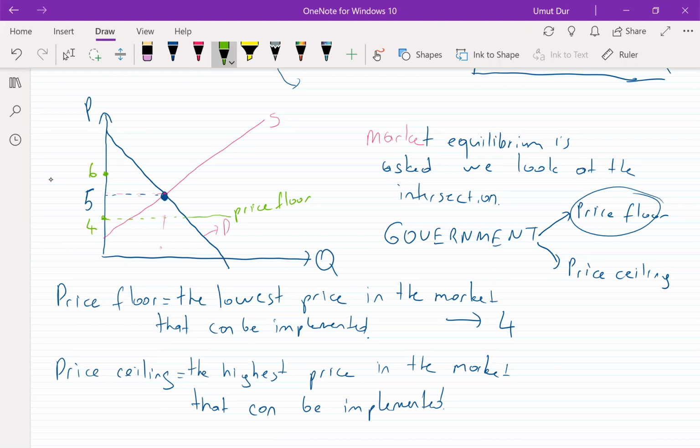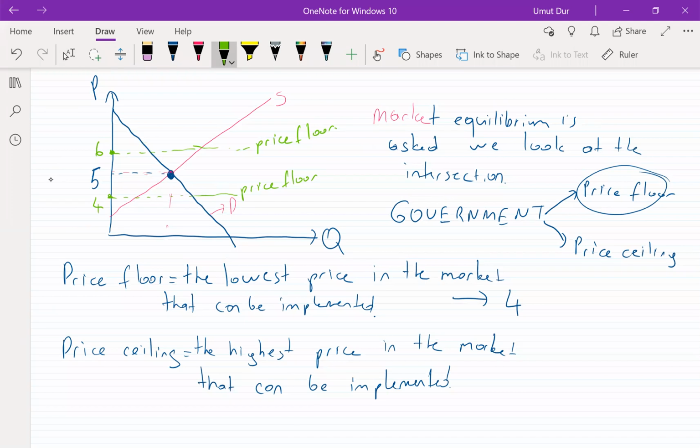But what if the price floor is 6? Can that affect the equilibrium quantity and equilibrium price? The government is telling us that you cannot sell this good for less than 6, and 5 was the equilibrium price. Let's say this point is 10, the equilibrium.